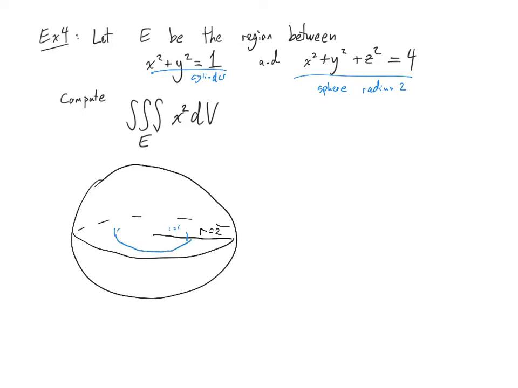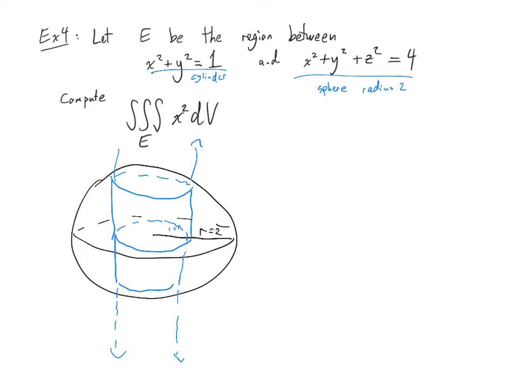That's going to run into this sphere and then continue on out below and above. And what I'm interested in is that region outside of the cylinder and inside of the sphere.